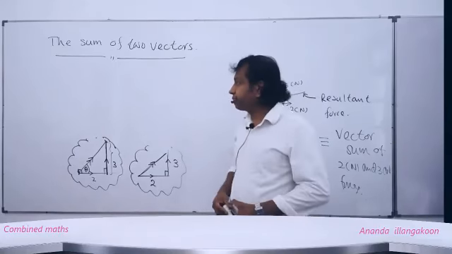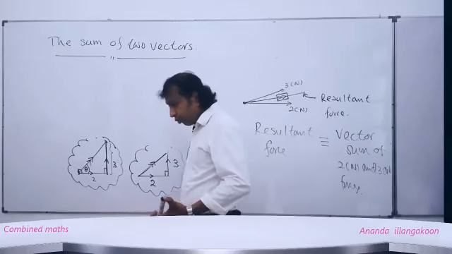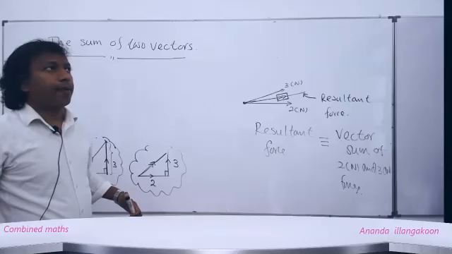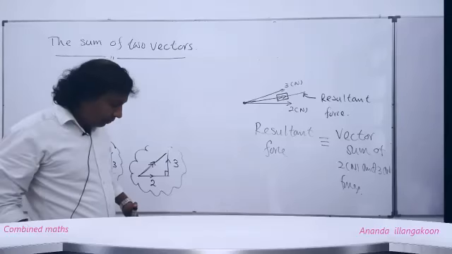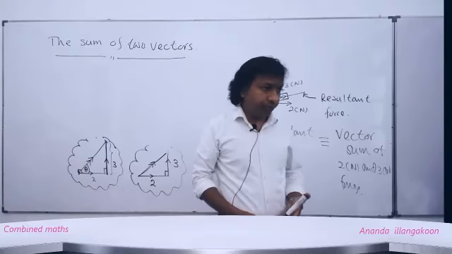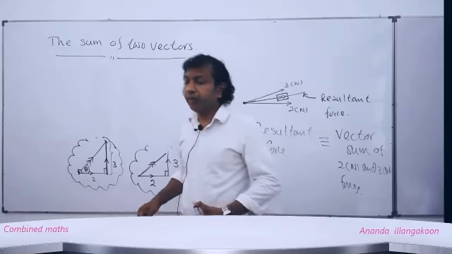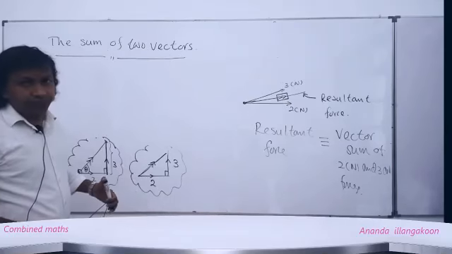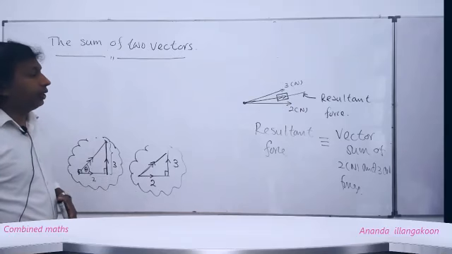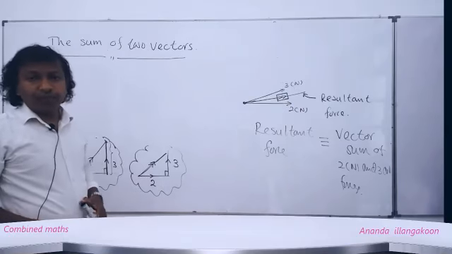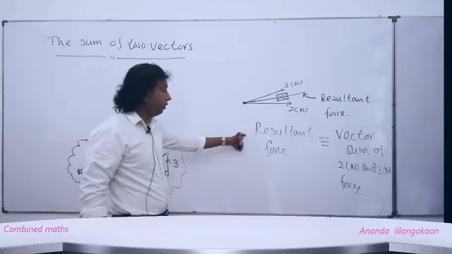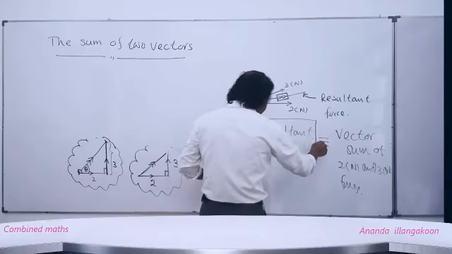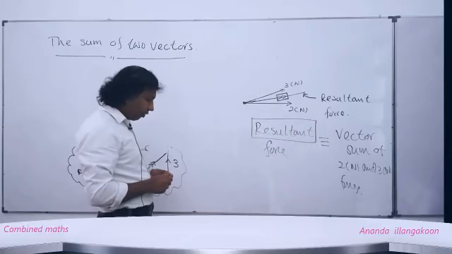Write down. For any two vectors, we can find a resultant vector.